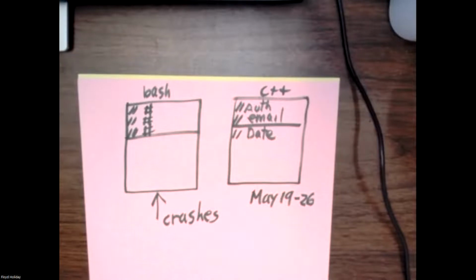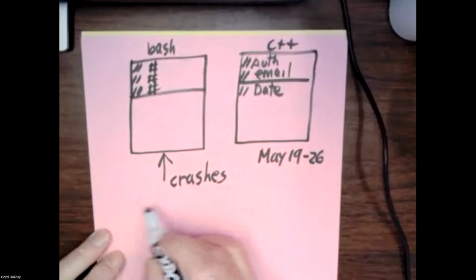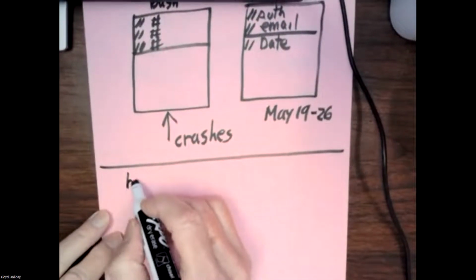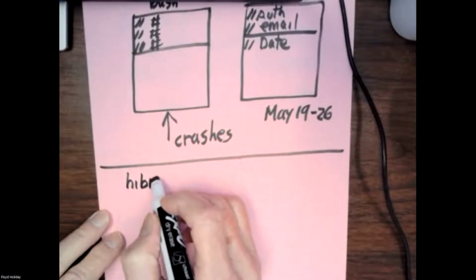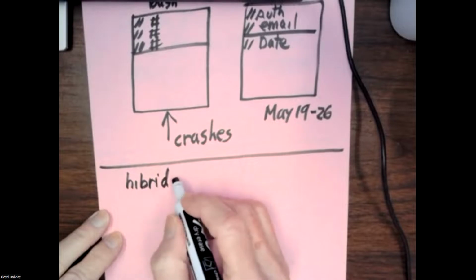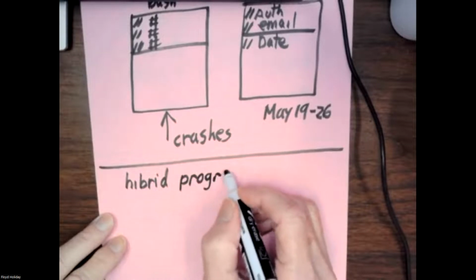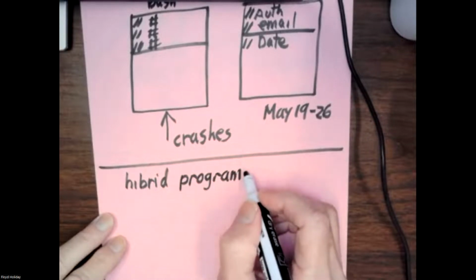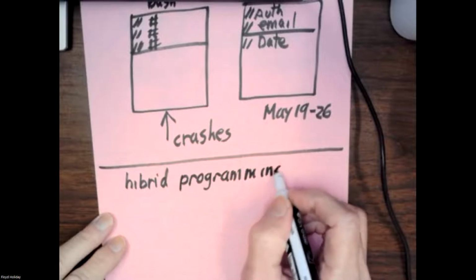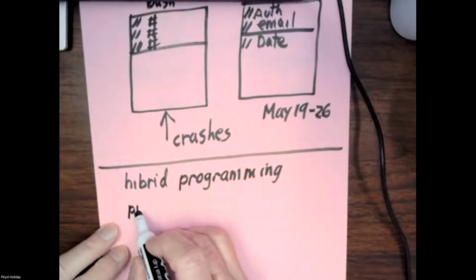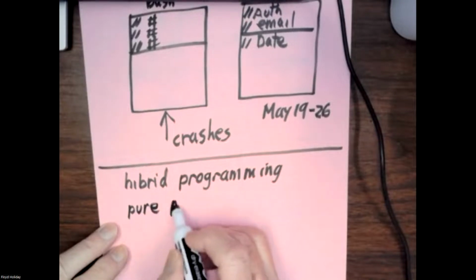Let's look at, this whole semester we're studying hybrid programming. B-R-I-D. I think that's how you spell it. Programming. We're mixing programming languages, as opposed to pure programming where you have only one language.